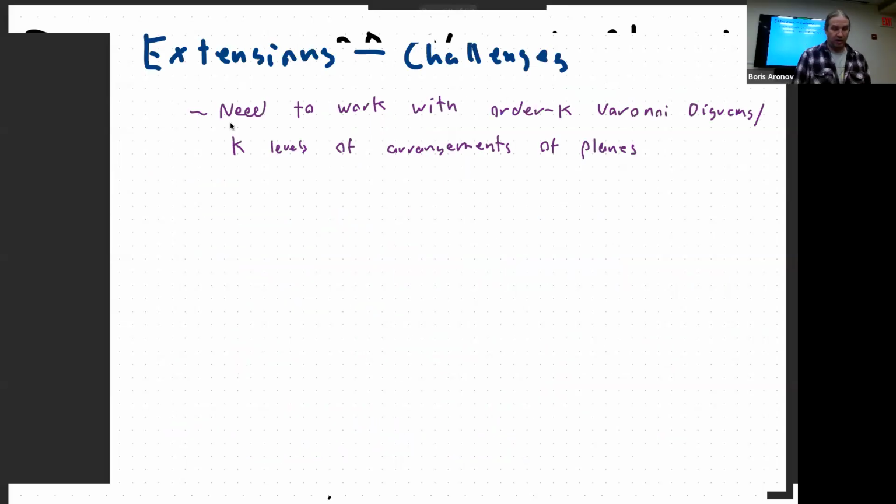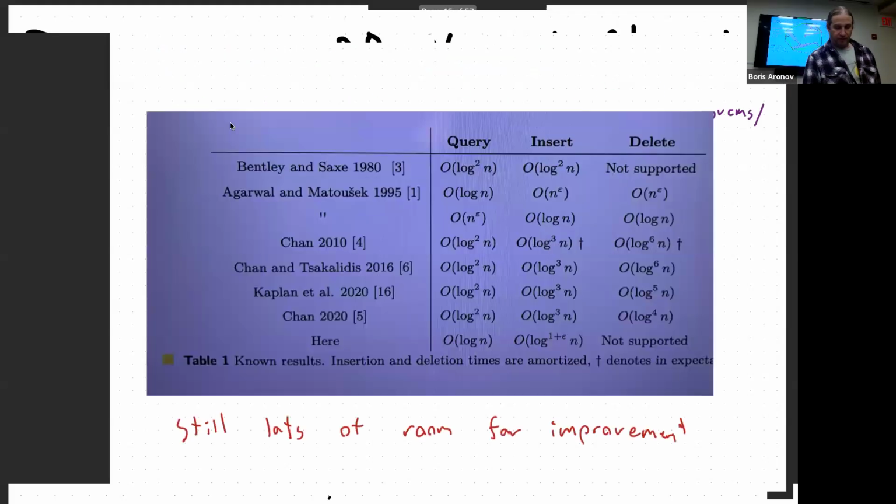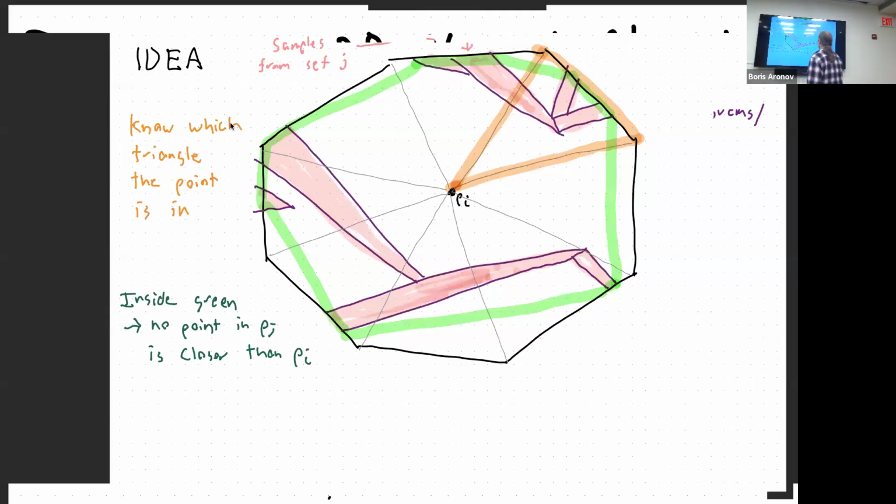Why is this more complicated than what I talked about? Well, what I talked about was already fairly complicated, and in the end, getting the details right is annoying. You need to work with either order k Voronoi diagrams or, in general, k levels of arrangements of planes. If you remember the picture I put up before, I had this site of the Voronoi diagram that I was doing logic from.